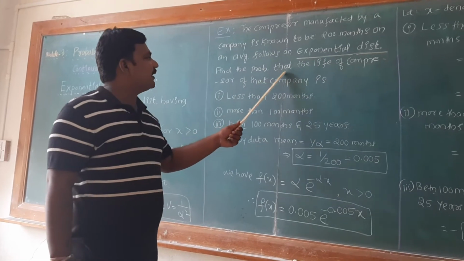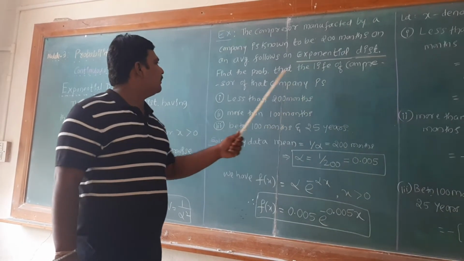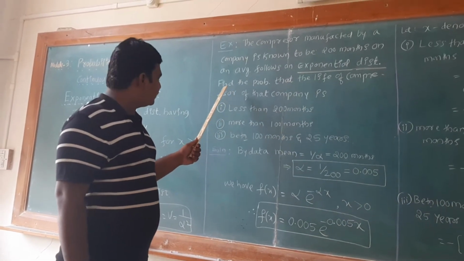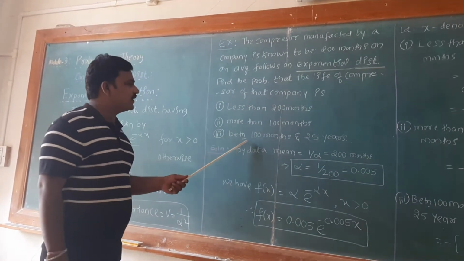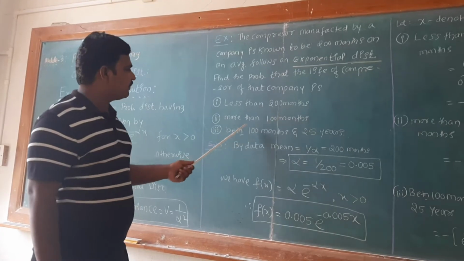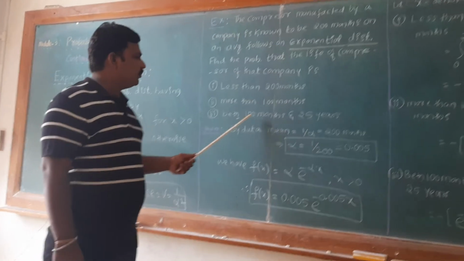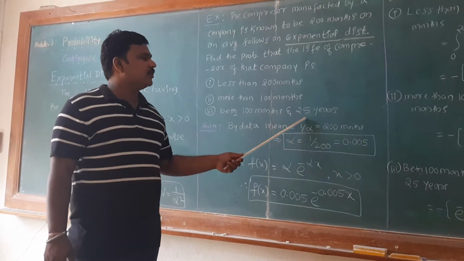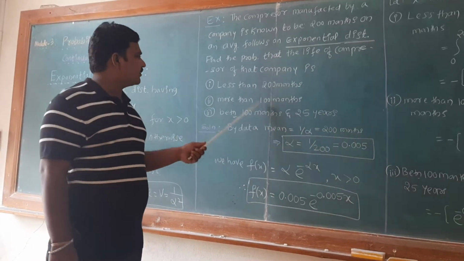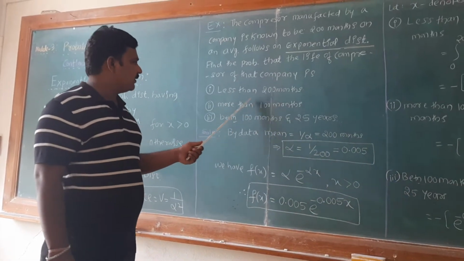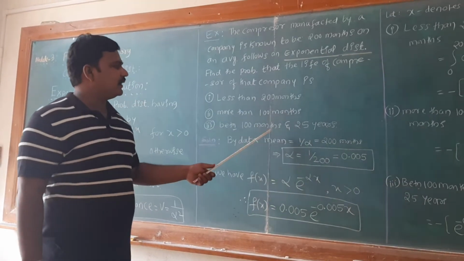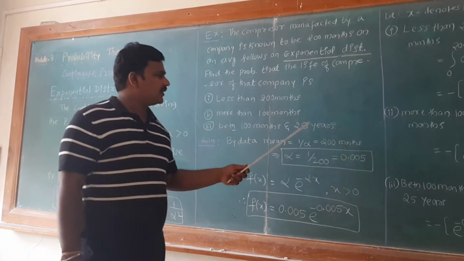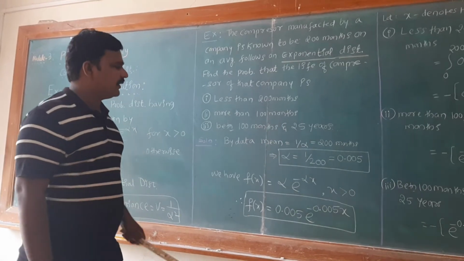Find the probability that the life of a compressor of that company is, first, less than 200 months, second, more than 100 months, and third, between 100 months and 25 years. In between these two, we can find the value.